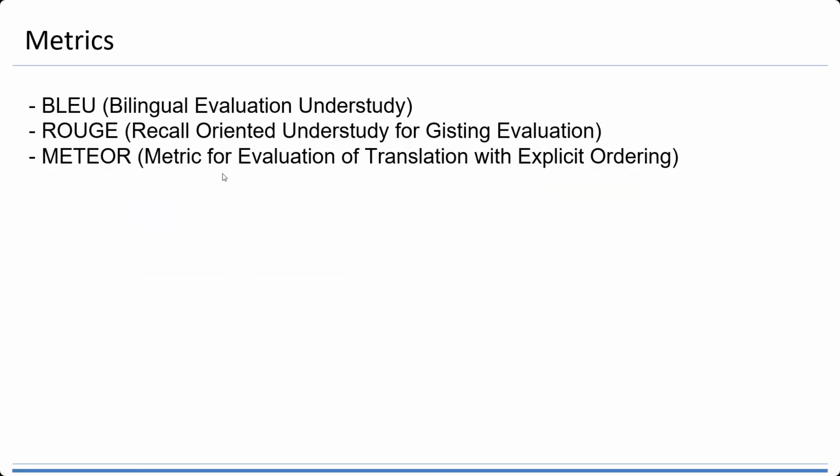So you learn about the metrics. I hope that you can review again the metrics, how to calculate them. We have BLEU, which is bilingual evaluation understudy. And then we have recall-oriented understudy for gisting evaluation, ROUGE. In ROUGE, we have several variants.